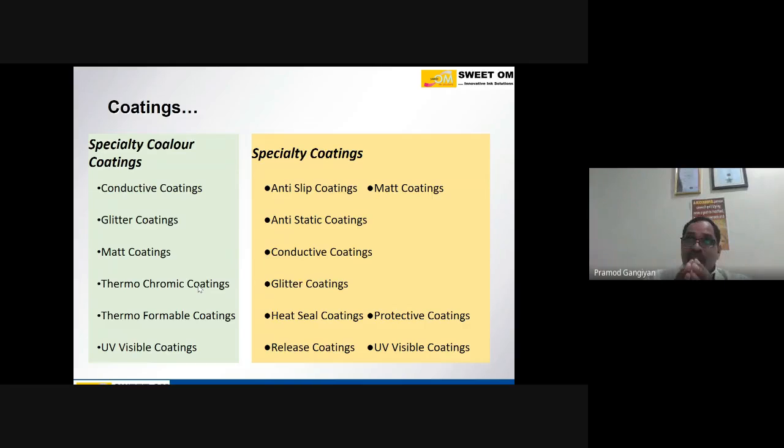The ratio of the film which is expanded, the ratio of the coating is also expanded in such a way. There is no crack, there is no loss of elasticity, nothing is destroyed. So that is called thermoformable coatings.